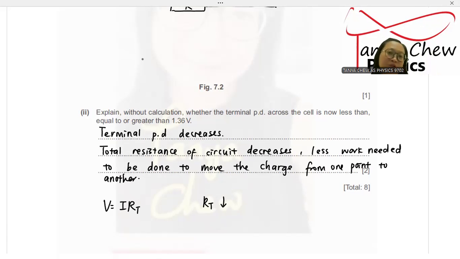Or you can use Ohm's law to explain, or you can say that the total current of the circuit increases. That is all about our discussion.